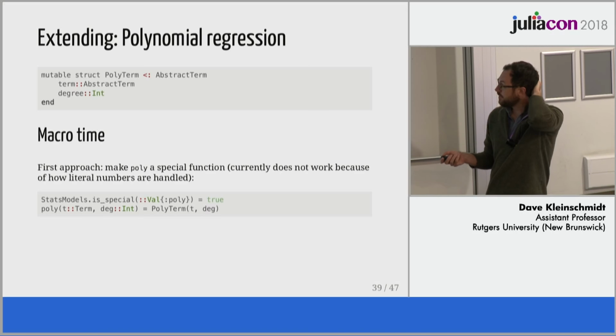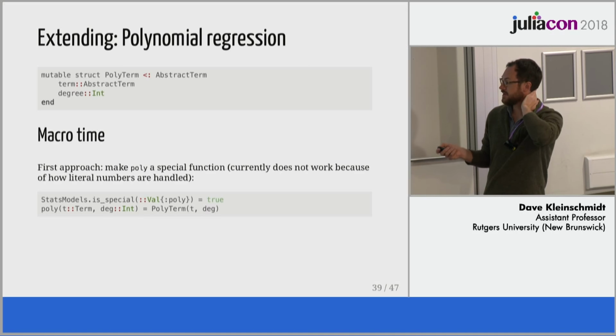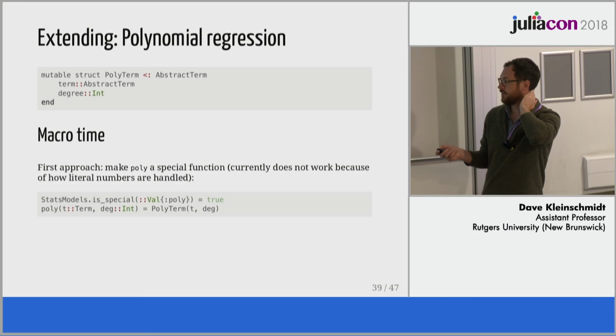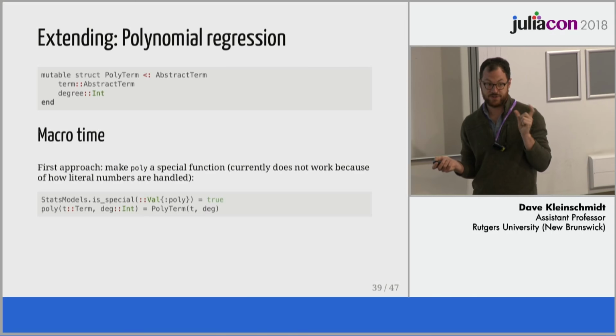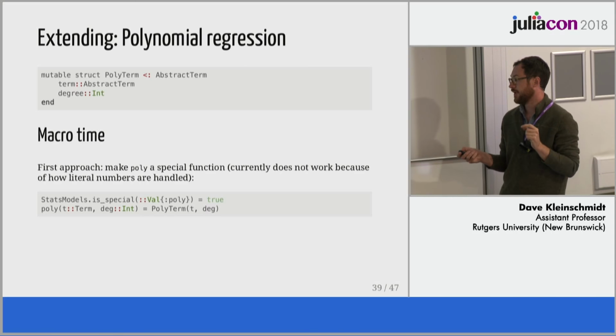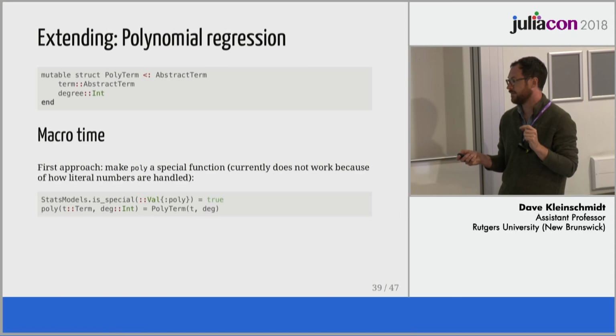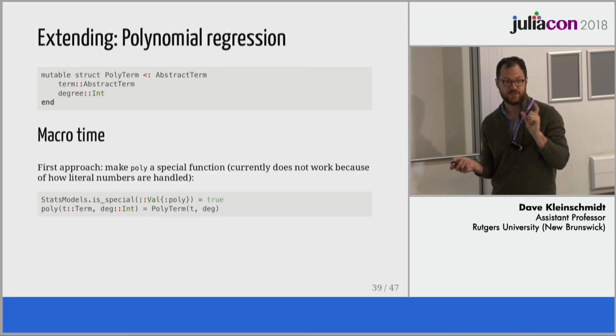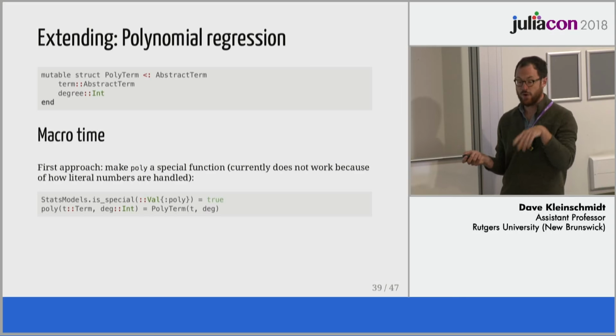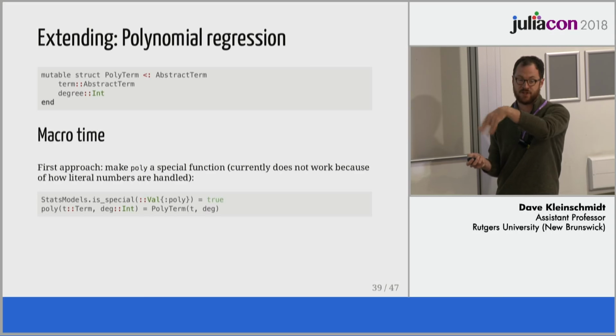Okay, so the first most obvious approach is you set this special flag, for the val type of the symbol you want the formula to consider to be a special call, to be true. Because this is what that parse function is checking, to know whether to descend into the AST to generate terms.